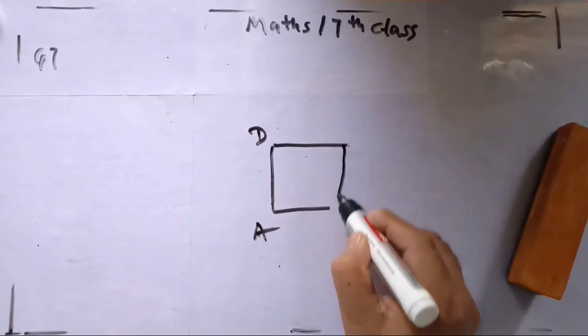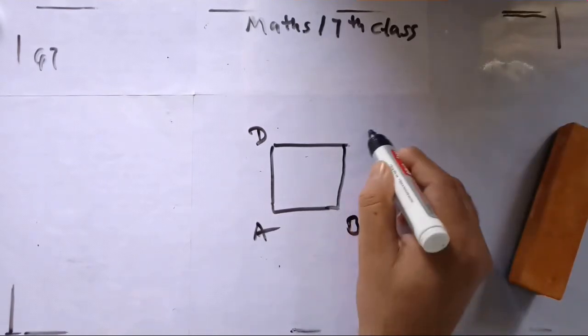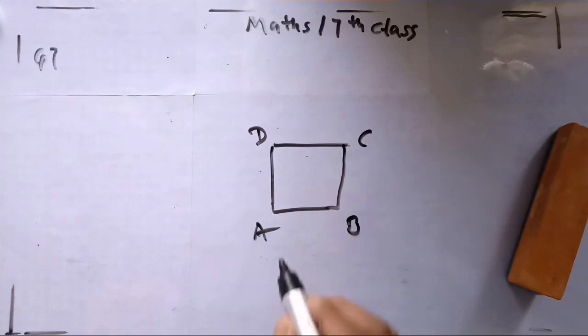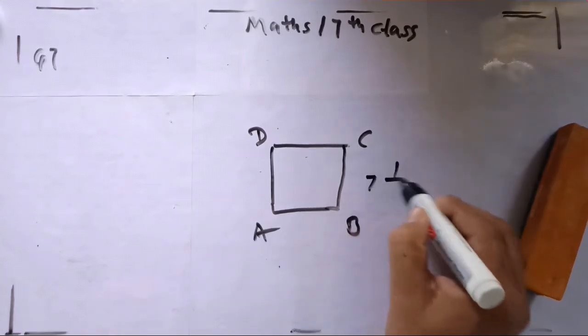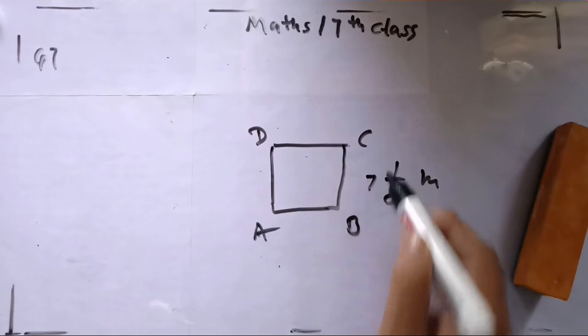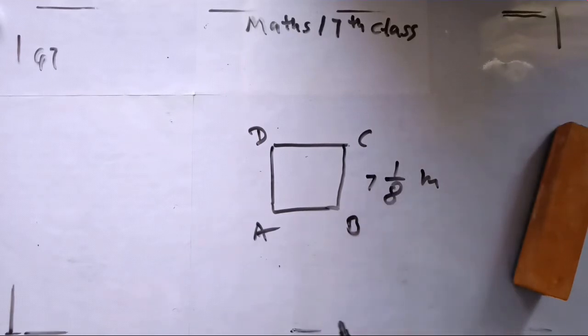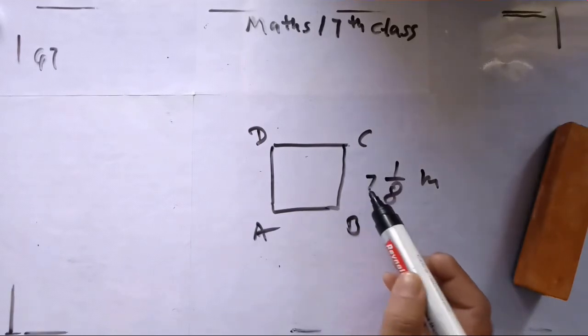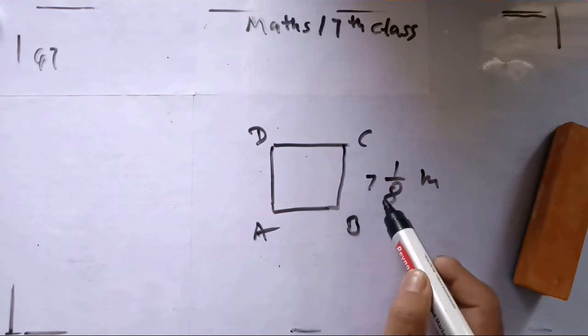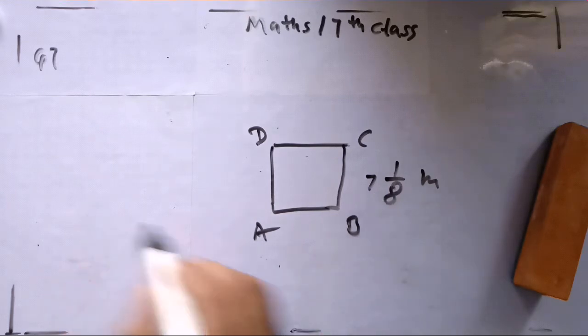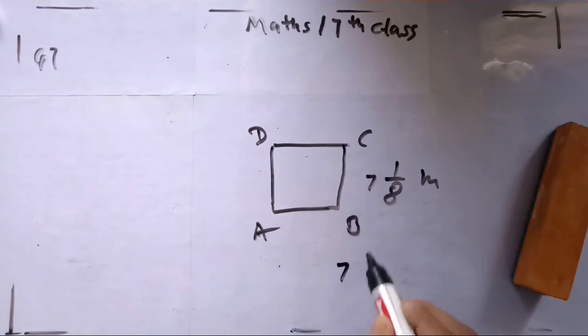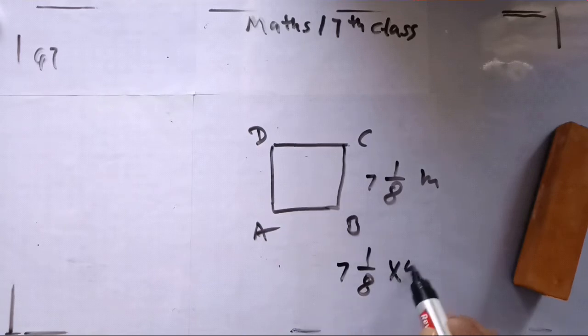Here we have a square ABCD. If one side is 7 1/8 meter, then we have to add this number 4 times, or multiply this number 7 1/8 into 4, this is the perimeter.